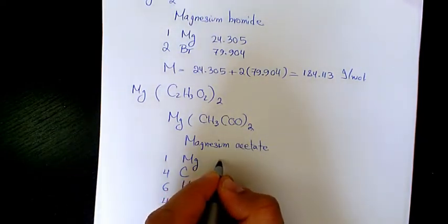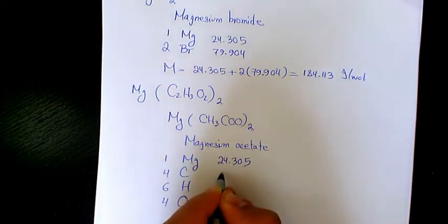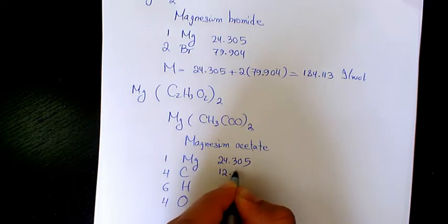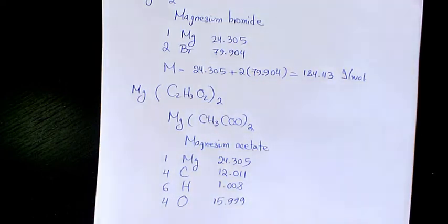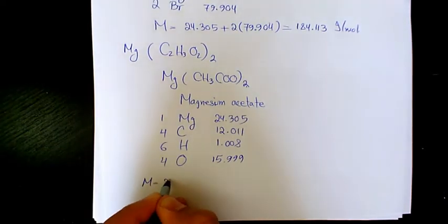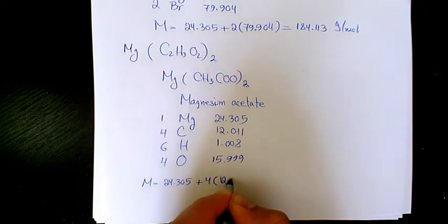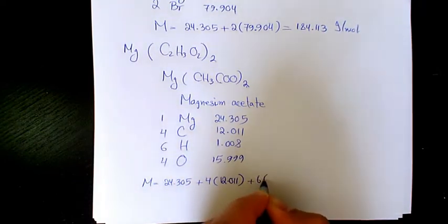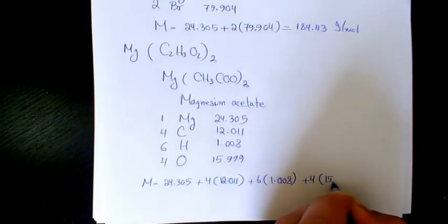So Mg is 24.305, C is 12.011, H is 1.008, and oxygen is 15.999. So molar mass is going to be 24.305 plus 4 times 12.011 plus 6 times 1.008 plus 4 times 15.999.